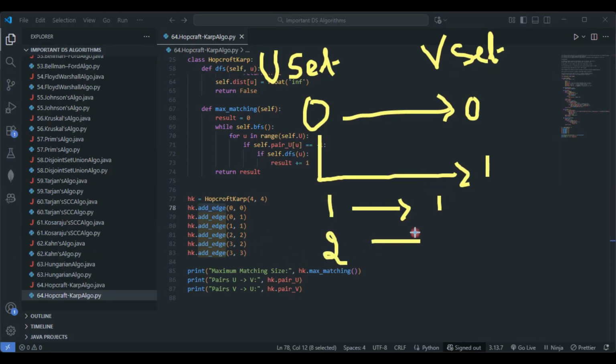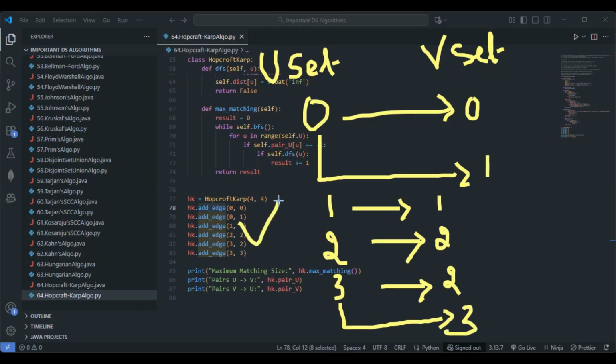Let's consider 3 to 2. Finally, we are going with 3 to 3.